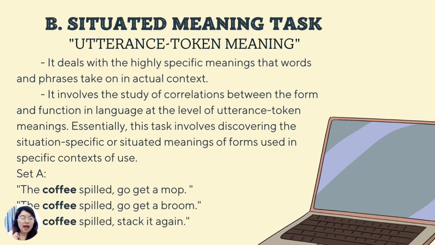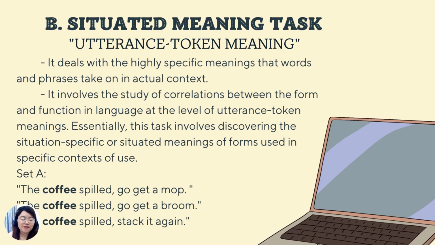But I have provided three sets of examples. The first set is about the word coffee. Take note of the possible meaning range of the word coffee. The same word is being used in every sentence, but each of them means differently.